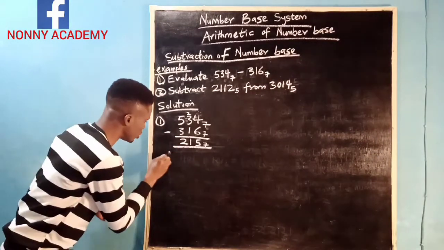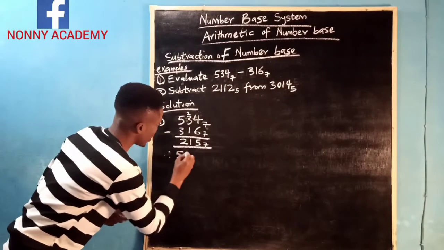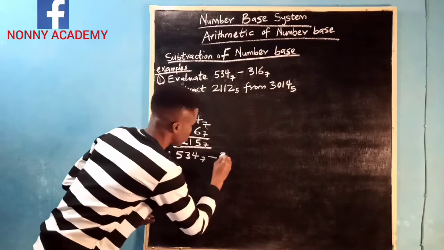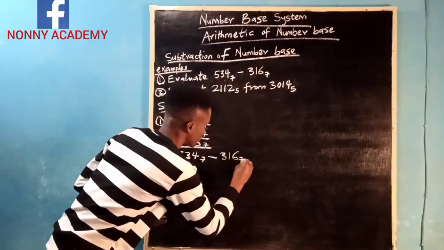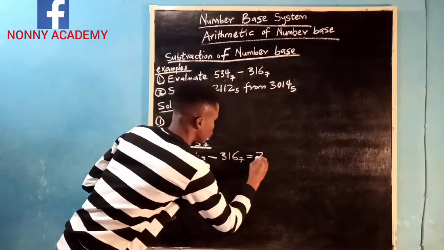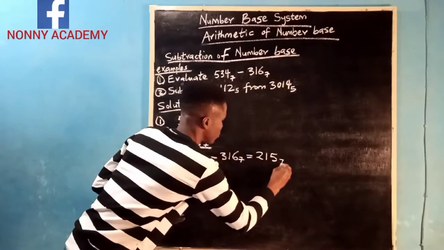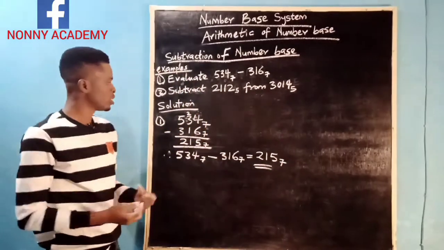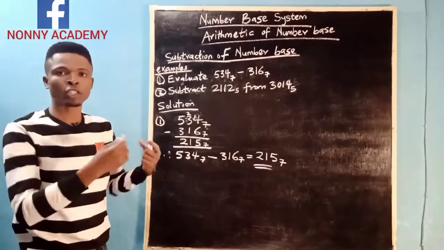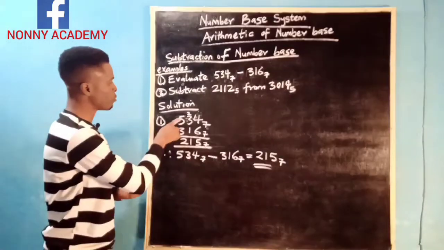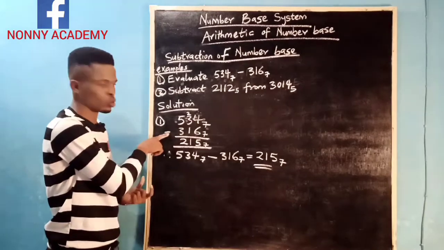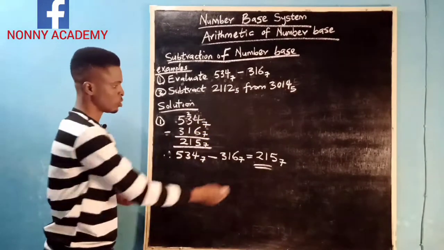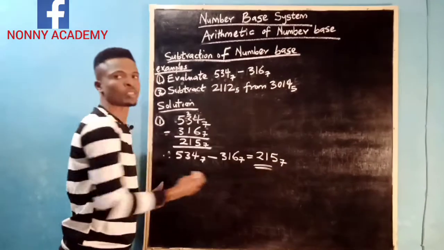My final answer will be 534 base 7 minus 316 base 7 is equal to 215 base 7. Now I have successfully evaluated 534 minus 316, both in base 7, gives me 215 base 7.